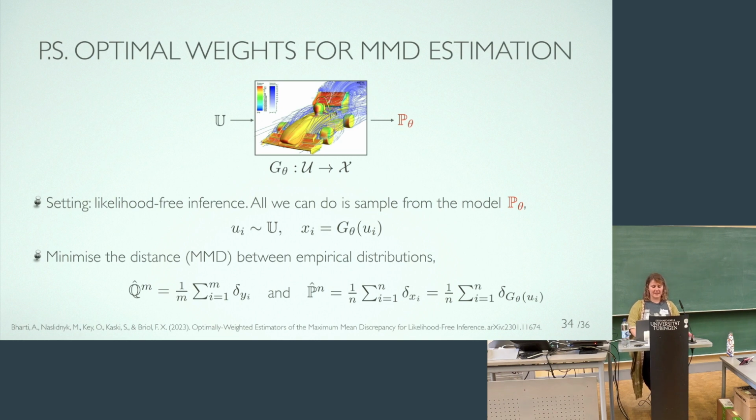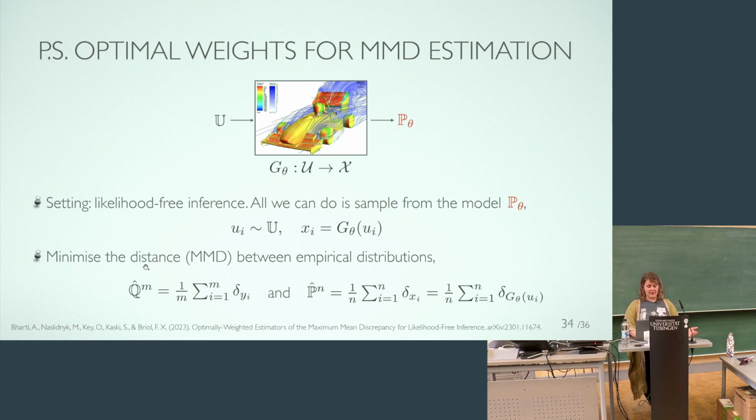Here the setting is likelihood-free inference, where my model is something black box, let's say the output of some simulator, and to optimize it, because I don't have an expression for the likelihood, all I can do is sample from the model by feeding it samples from some known distribution, U, and running the simulator over these U_i's, and that's how I get the samples from P theta.